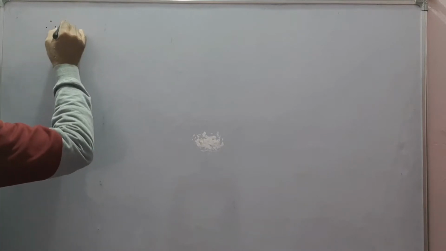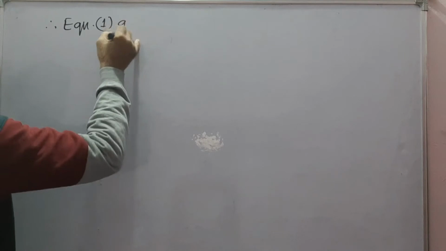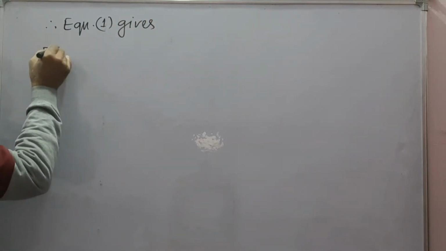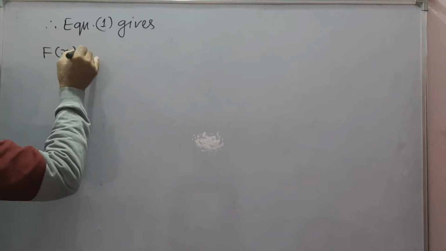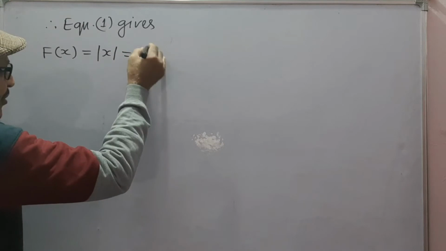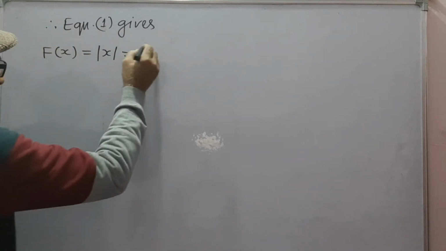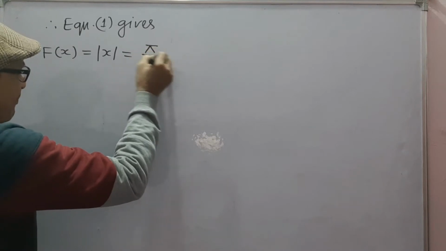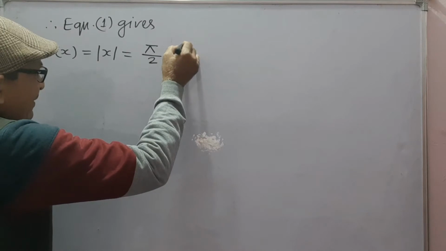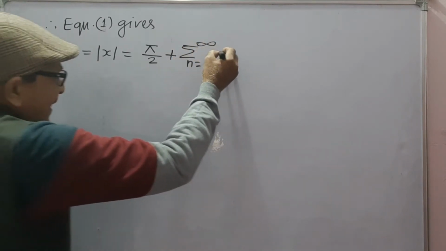Therefore, equation 1 gives f(x), which is |x|, will be a0/2. A0 has been calculated to be pi. So this is pi/2 plus summation 1 to infinity an.